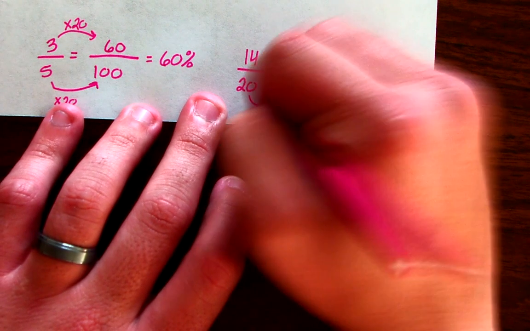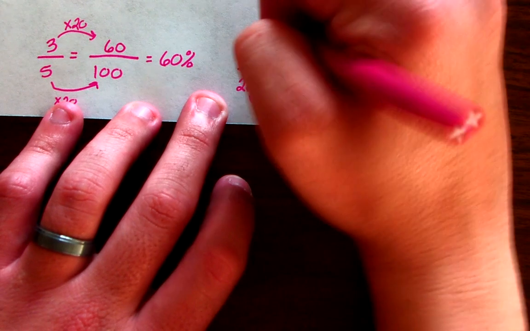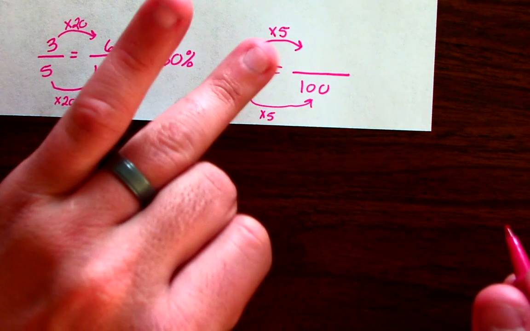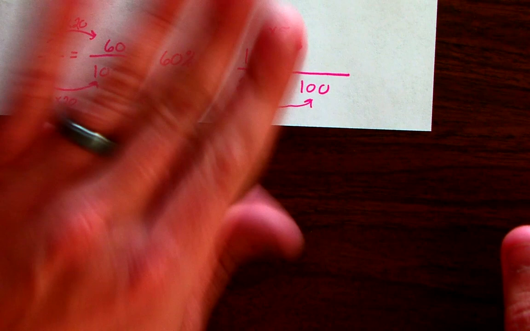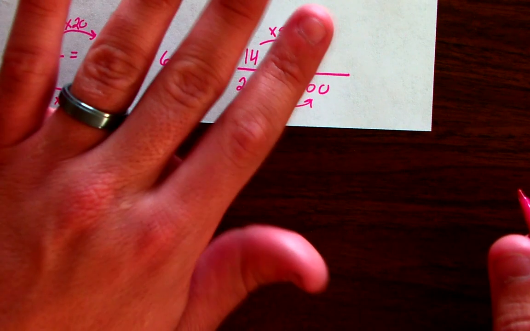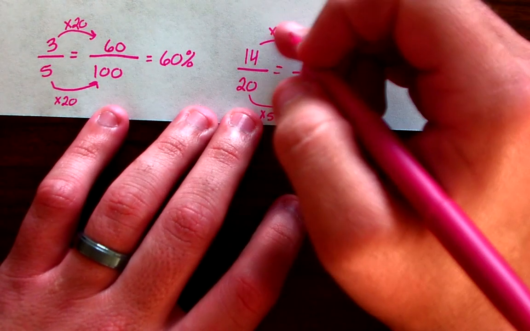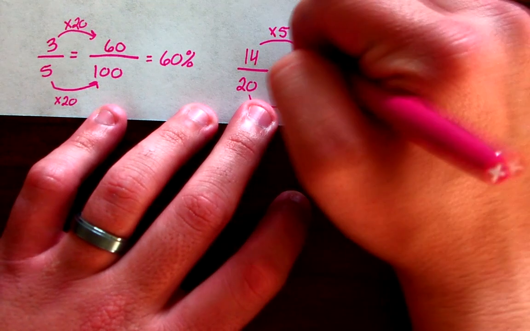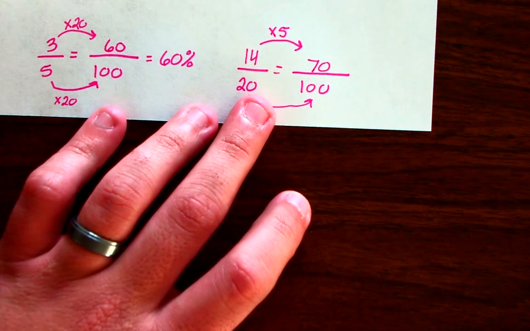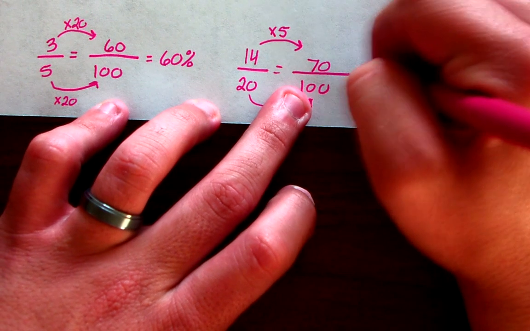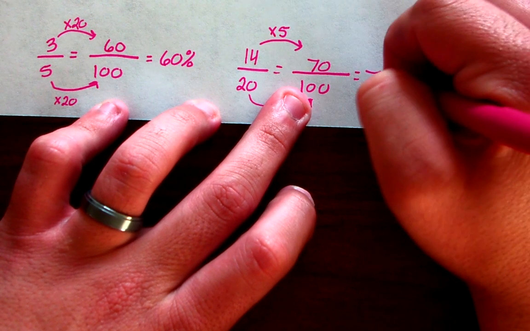So multiply by 5. So what is 14 times 5? Well, let's see. 14, 28, 42, 56, 70. Goes in there 5 times. So 14 times 5 is 70. Oh, well, look at that. 70 over 100 is equivalent to 70%.